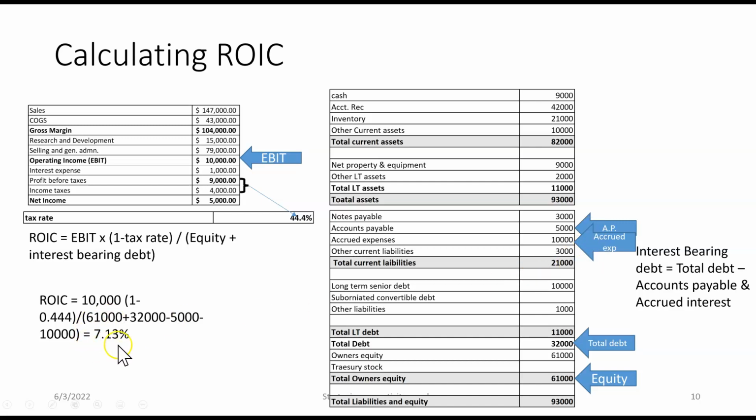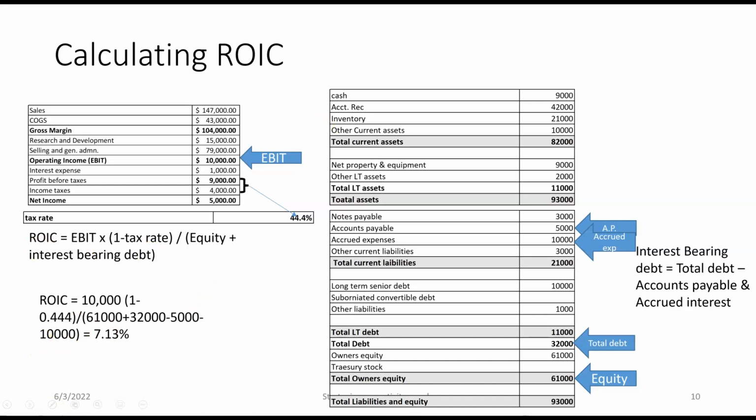And so we get a return on invested capital of 7.13%. So what that basically means is that the company is returning 7.13% on the money that was invested, either by shareholders through equity or through debtors that they lend money, and obviously are charging an interest. So that's how you calculate the ROIC.